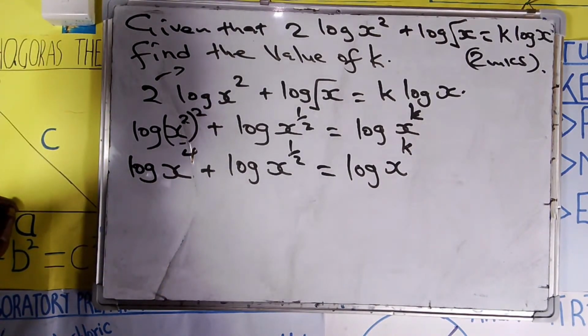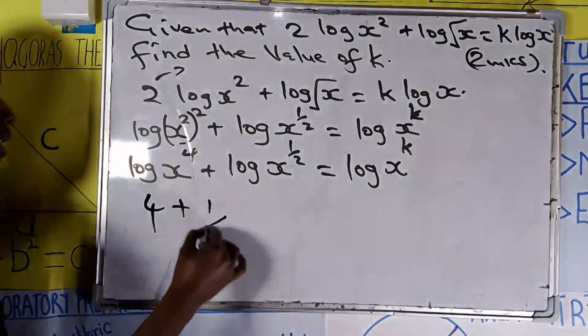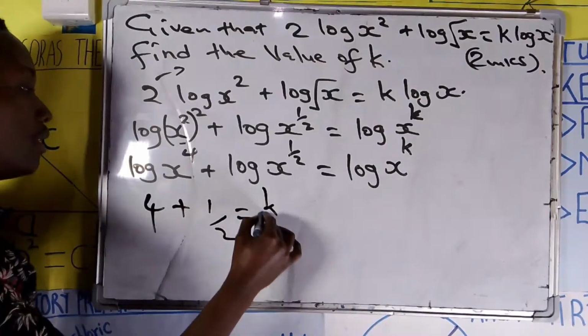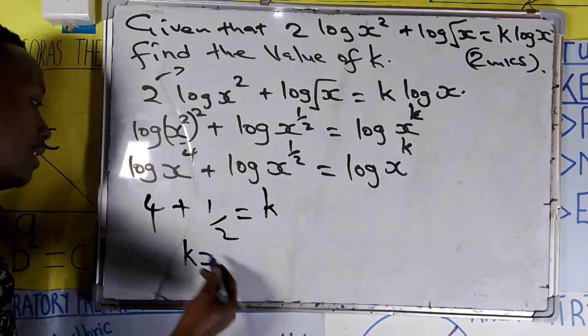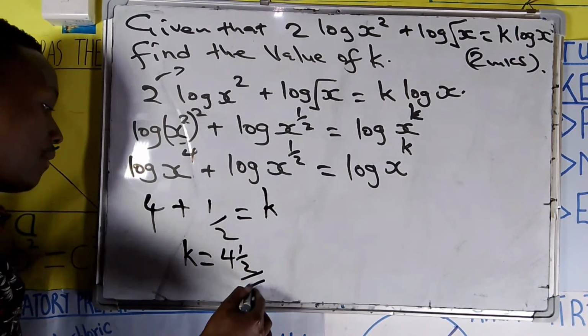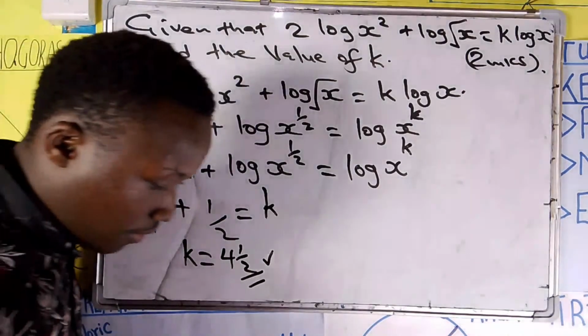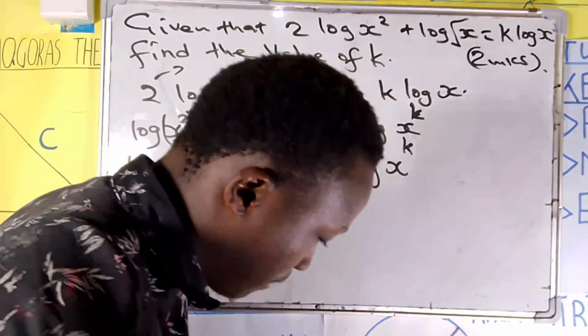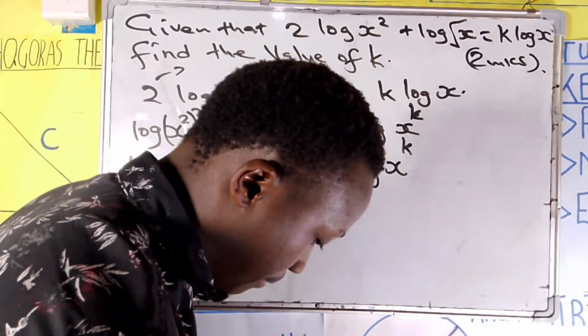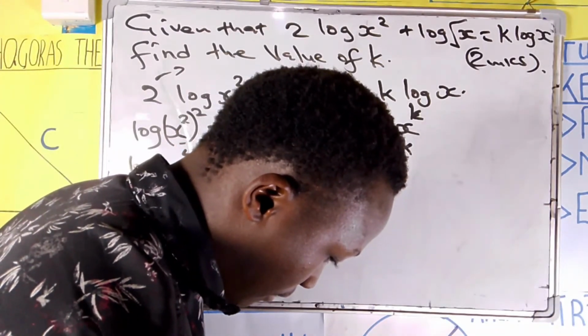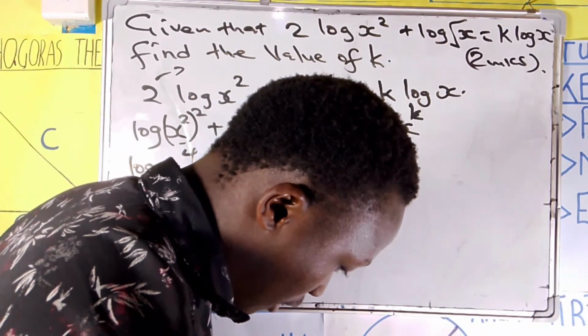And when we drop our bases down, we are going to have 4 plus a half is equal to k. And that will give us k is equal to 4 and a half. K will be equal to 4 and a half. And we are done.